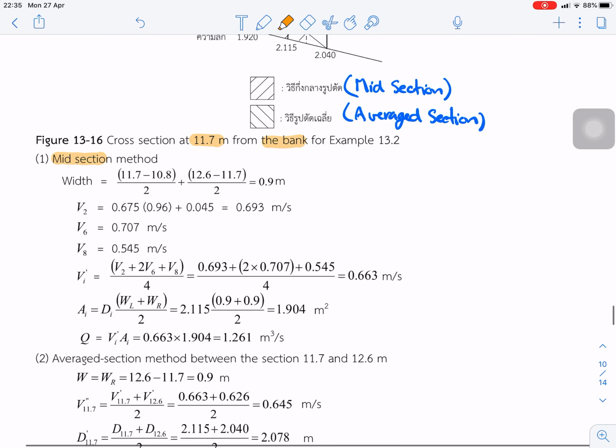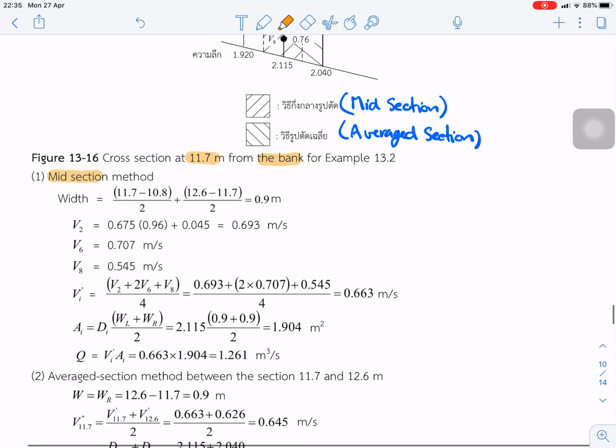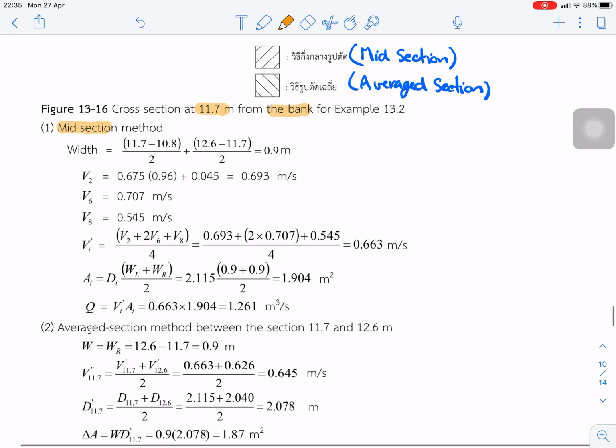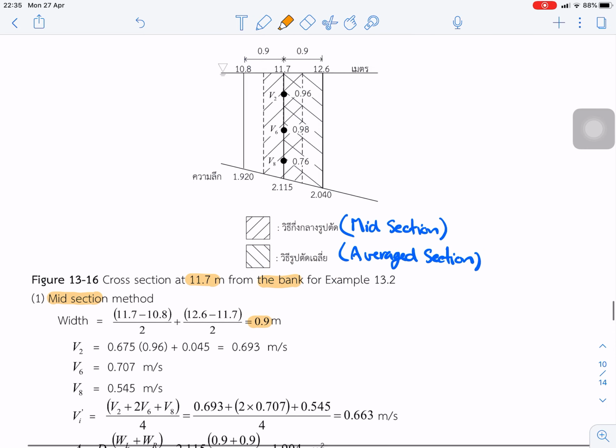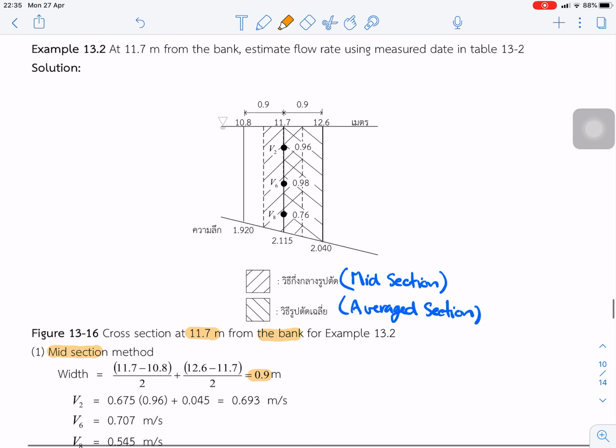For the mid-section, we take the width from the left and right to get 0.9. These are the three lengths, and we measure the difference between the distances and get 0.9, and take the average, which is 0.9 meter.